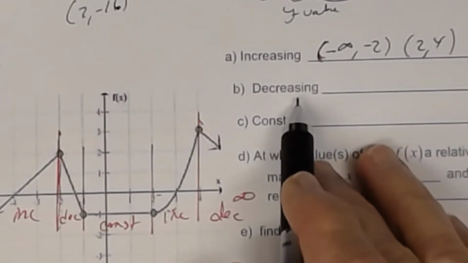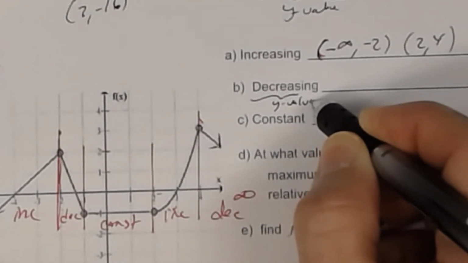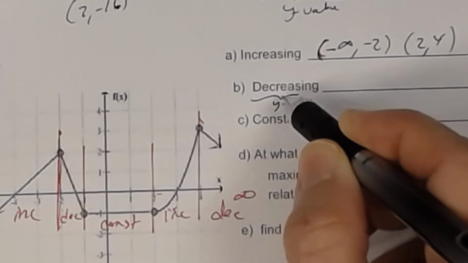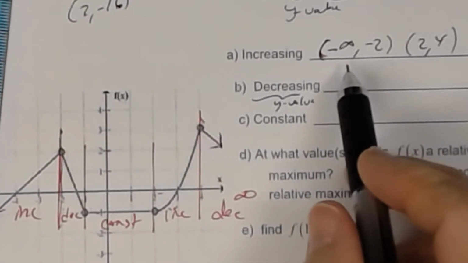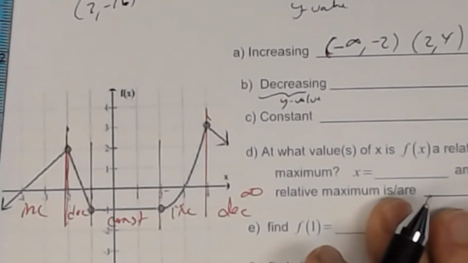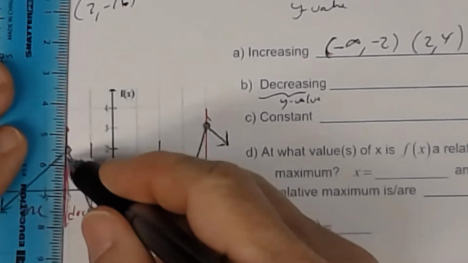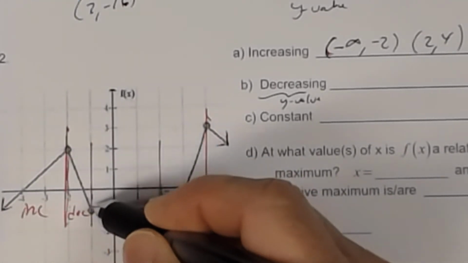Okay, so let's talk about where the y values are decreasing. Remember, we're talking about y values here. Where are the y values increasing? Where are the y values decreasing? Where are the y values constant? And the intervals that go here are your x values, the part of the domain that corresponds to it. So from -2 to -1, your y values are decreasing.